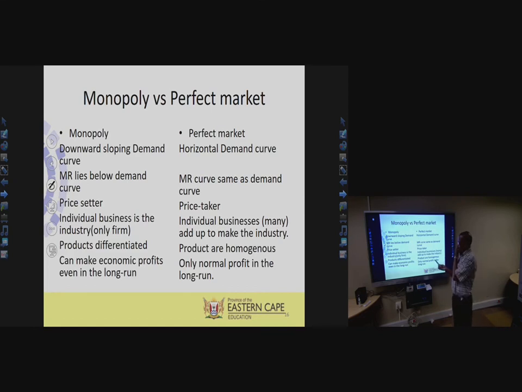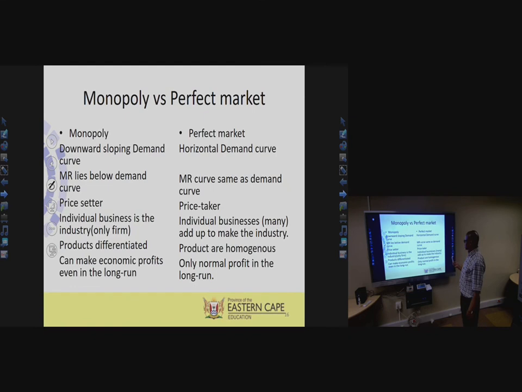You remember we've discussed that earlier on. Therefore, they make it impossible for other firms to get into the market, and therefore monopolies can enjoy their economic profits even in the long run. This is what I wanted to explain.